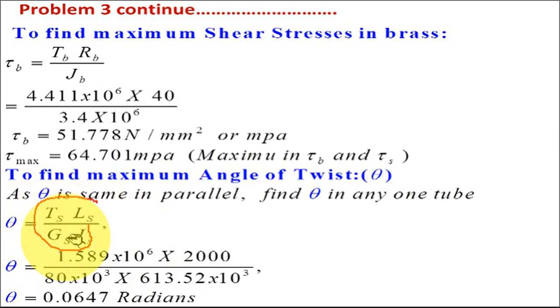So theta is equal to TL by GJ. You put all the corresponding values of steel and find out the theta or angle of twist in steel, because in parallel they are the same. So this is 0.0647 radians, that is the angle of twist.